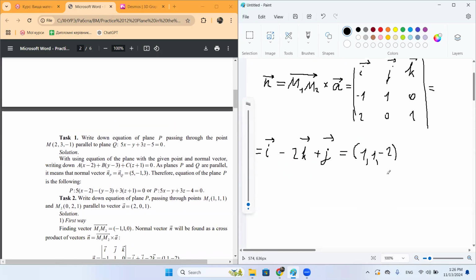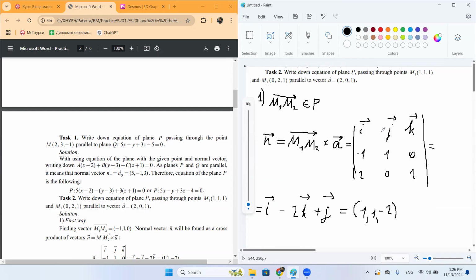Okay, so we have a normal vector, and we have 2 points that belong to the plane P. Which one do you want to use to write down the equation of the plane P? It will be your choice. M1.